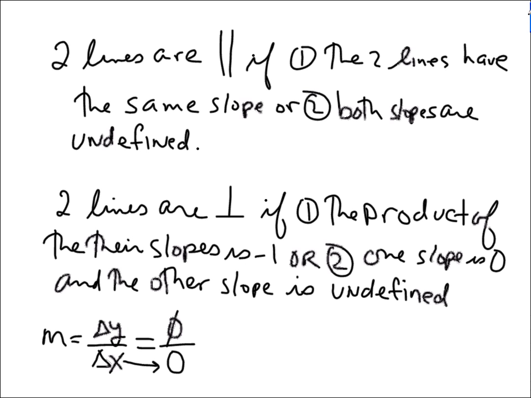Between the two points, you don't go left or right any, and the change in y is not 0. That is, if here is one point, to get to the other point, it can't be here, because then you went some to the left and up some. It can't be here, because you went to the right and up some. It can't be down here, because you went to the left and down some.